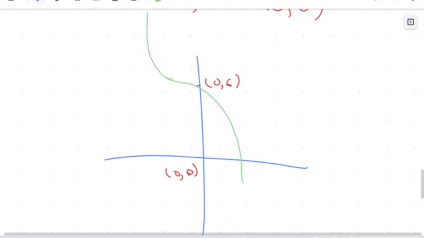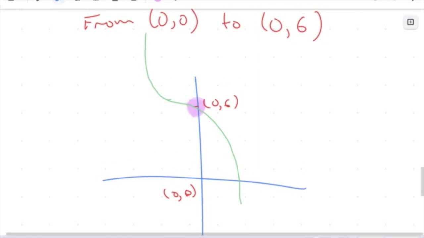Now, we know what the point of inflection is. We also know what the y-intercept is, because the y-intercept is where it crosses the y-axis when x equals 0. So we've already found a coordinate here. We're going to clarify that anyway. Now, we've drawn this. We've shown that it's been shifted up 6 units.